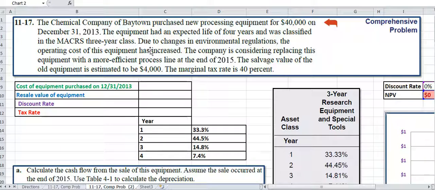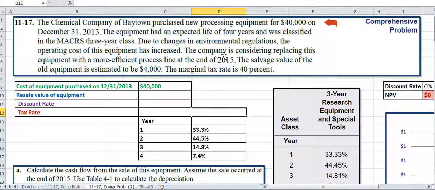So we have a chemical company that has purchased new equipment for $40,000 at the end of 2013. Okay, so at the end of 2013, they purchased $40,000 worth of new equipment. So we'll put that right there.